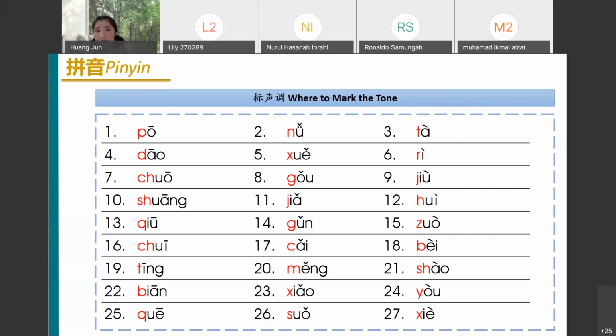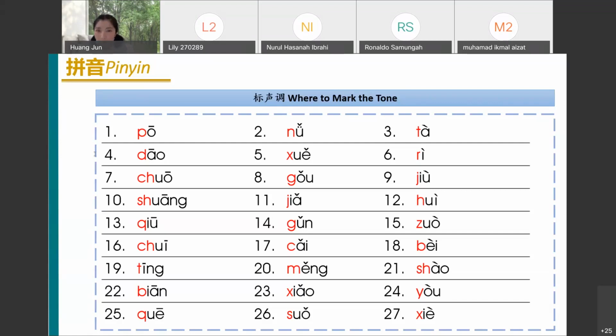I have to make sure you really catch everything, because later I need everyone to understand it for our quiz. We will have tests like this. I really need everyone to understand how to mark the tone. Thank you for your response.